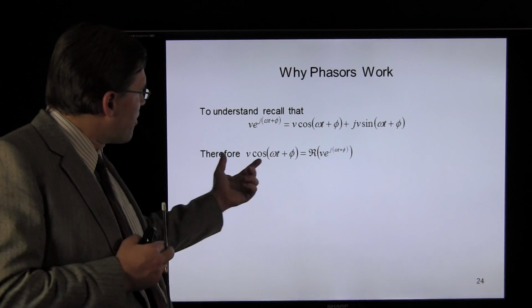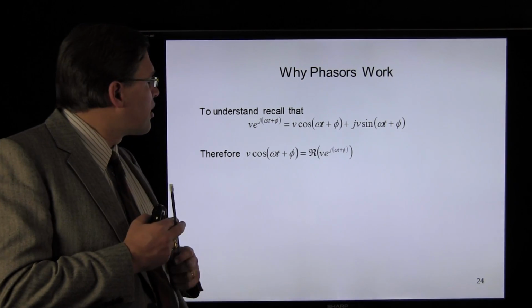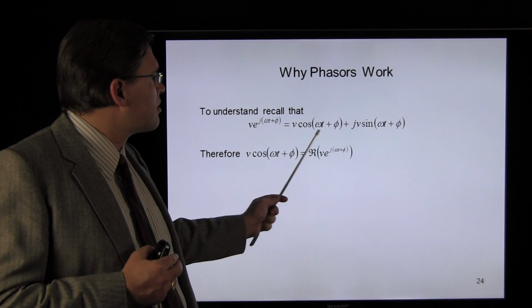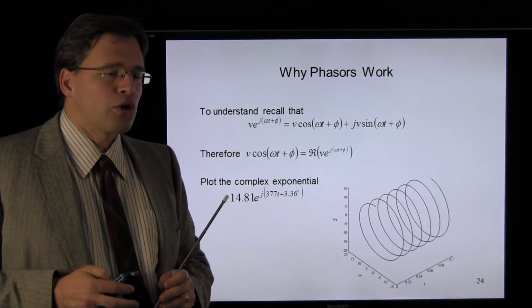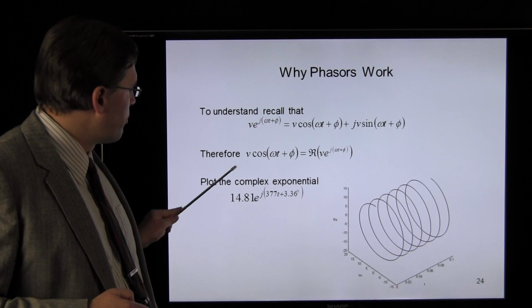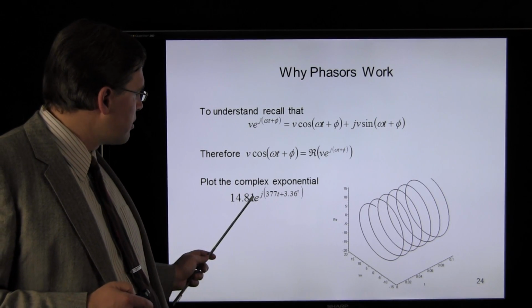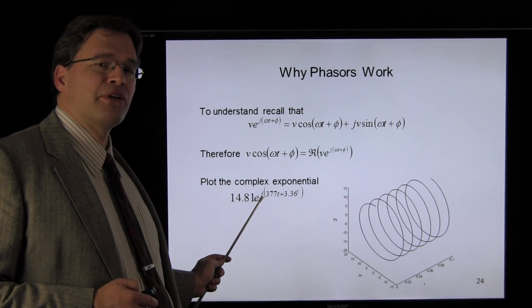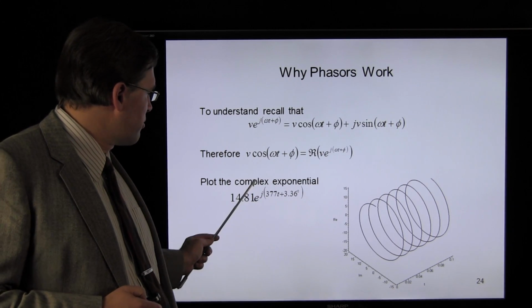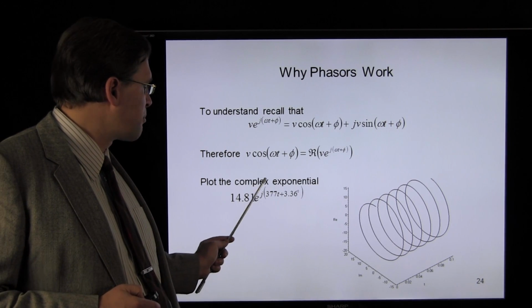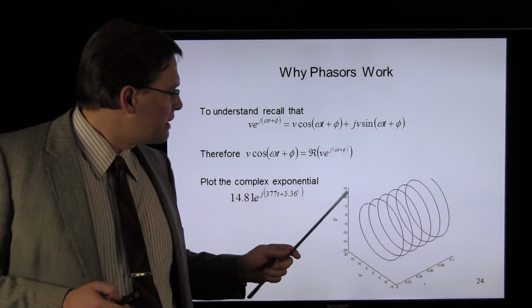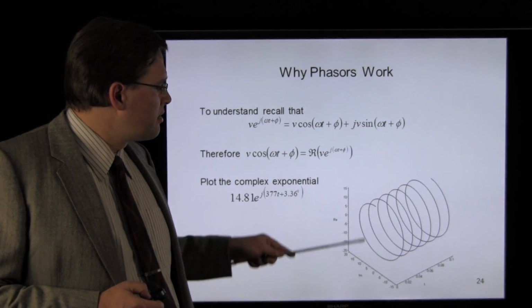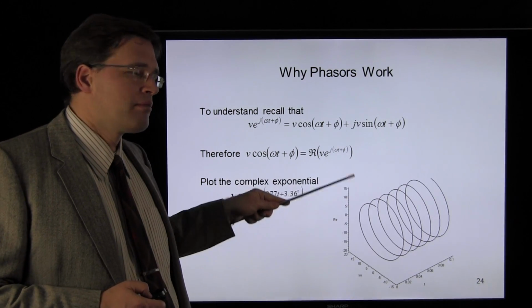So essentially, the cosines that we've been looking at are simply the real part of this complex exponential. Remember that any exponential with a fixed multiplier and a purely imaginary exponent, as t changes, is simply spiraling in the complex plane.